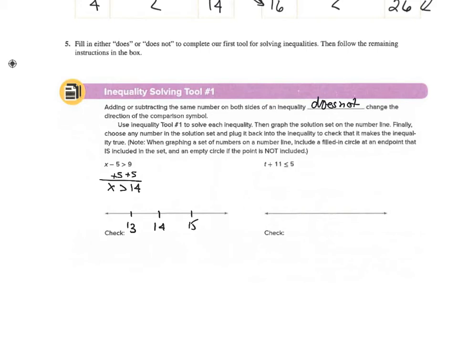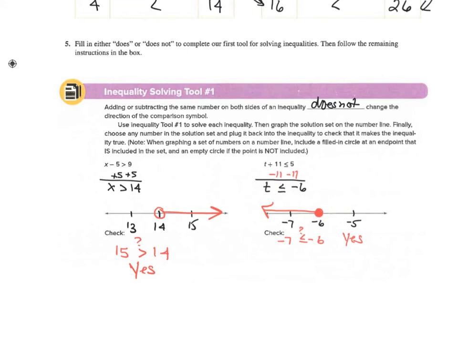Now it's greater than, so it does not include 14. So I'm going to do an open circle. And then it's greater than, so I'm going to shade to the right. Now I'm going to pick any number that's to the right of 14. I'll try 15. Is 15 greater than 14? Yes, it checks. All right, your turn.